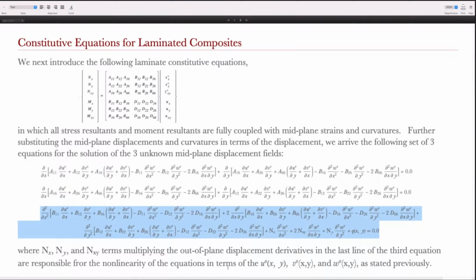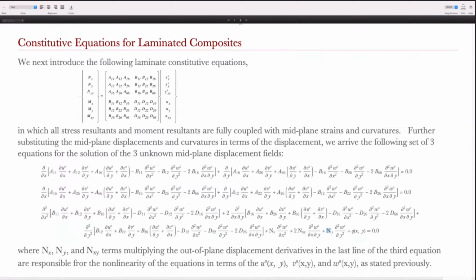So what we're going to do is actually start simplifying these three equations. Now note that we are still having these nonlinear terms for Nx, Ny, and Nxy, which are in fact these long expressions that multiply these terms. But I'm not going to be expanding these Nx, Nxy, and Ny for some time to come.